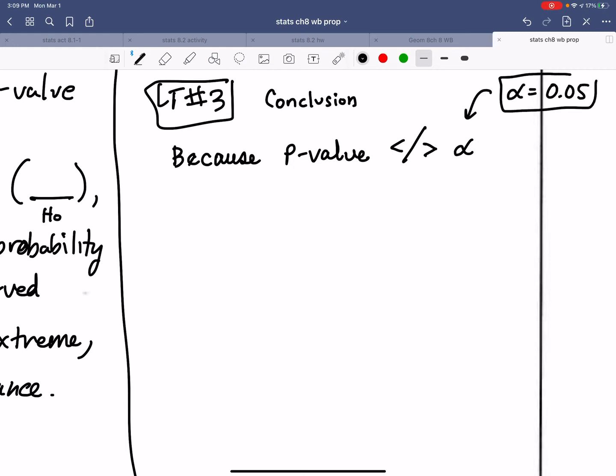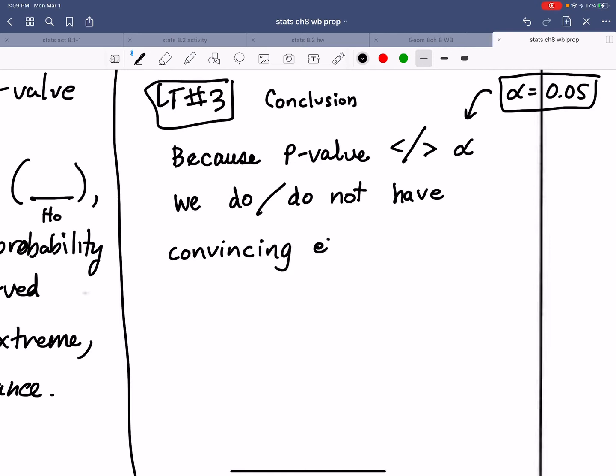That's our threshold for rarity. Then we say we either do, or we might have to say we do not, have convincing evidence for H sub A. Remembering you have to include the context.